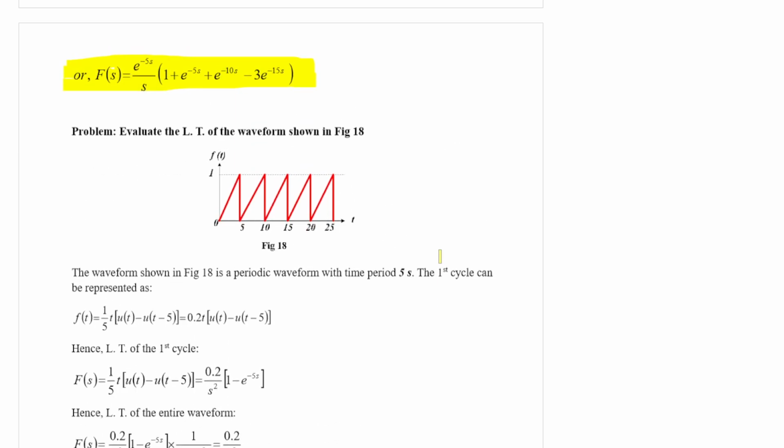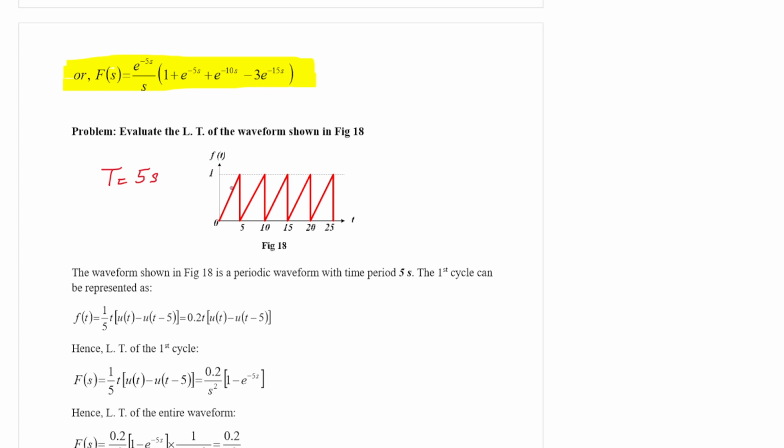In this figure we can understand that the time period is 5 seconds, or maybe in any units of time, and its magnitude is 1.